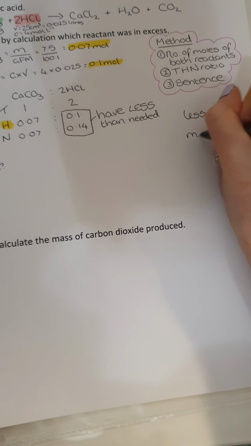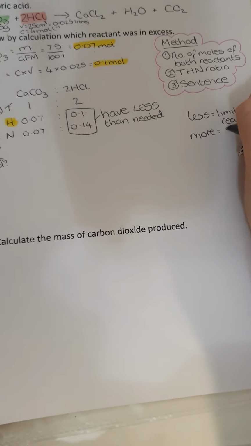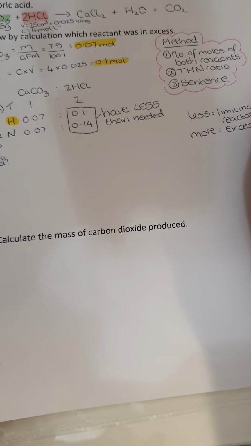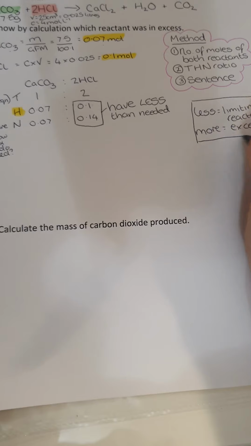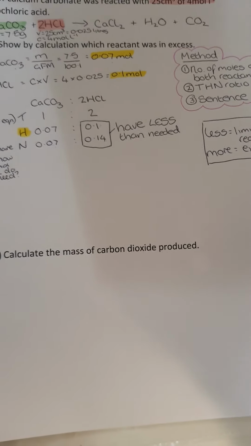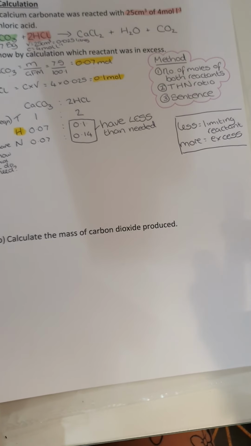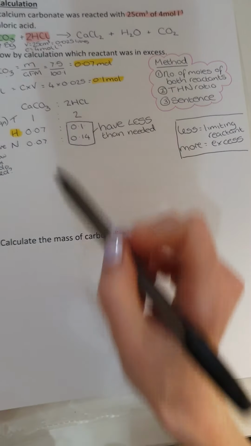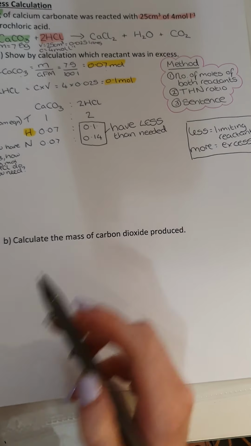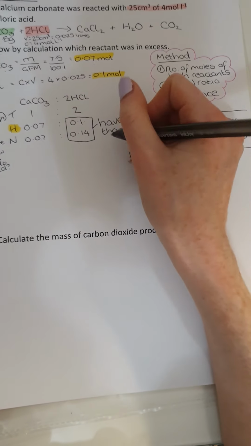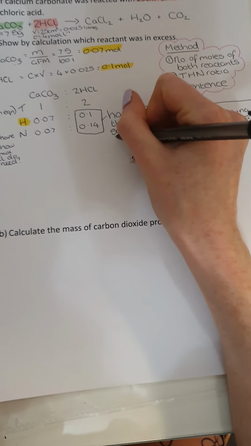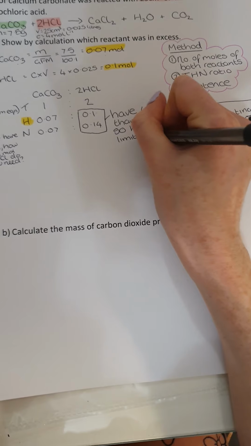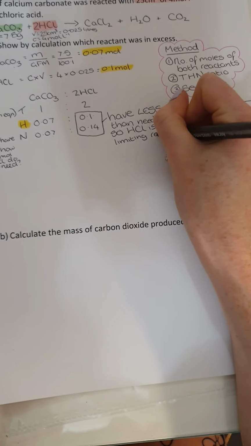If you have more, it will be excess. So that is just a little side note to let you decide. So because our sentence is have less than needed, this HCl is our limiting reactant. Have less than needed. So HCl is the limiting reactant.